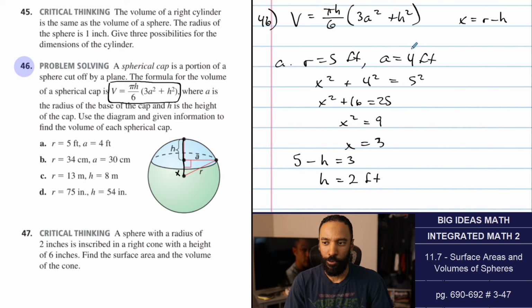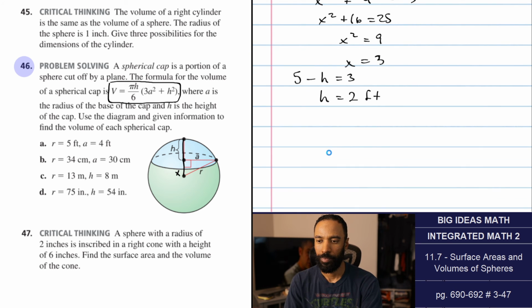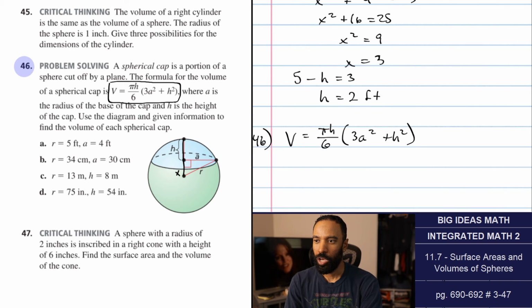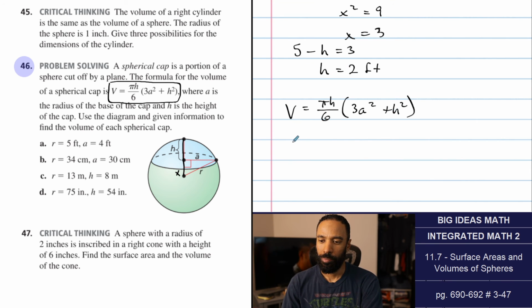So I have A of 4 and H of 2 I have to use in this formula, with the 46 involved as well. I'm going to erase the 46. So I have to do this 4 times A was what? 4. So my volume will be pi times 2 over 6 times 3 times 4 quantity squared plus 2 squared.